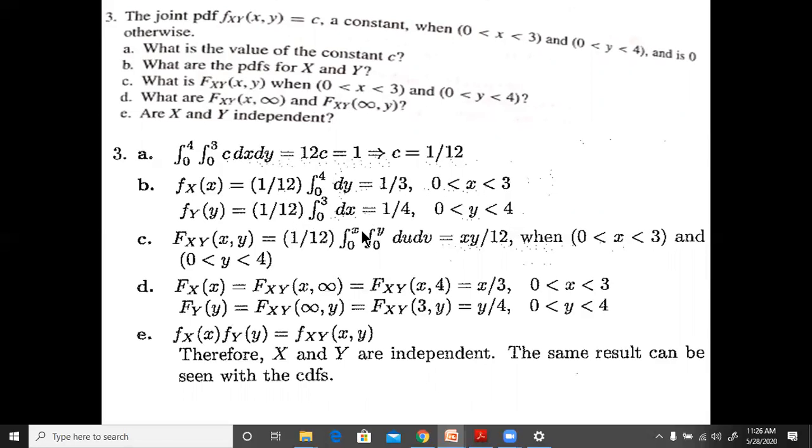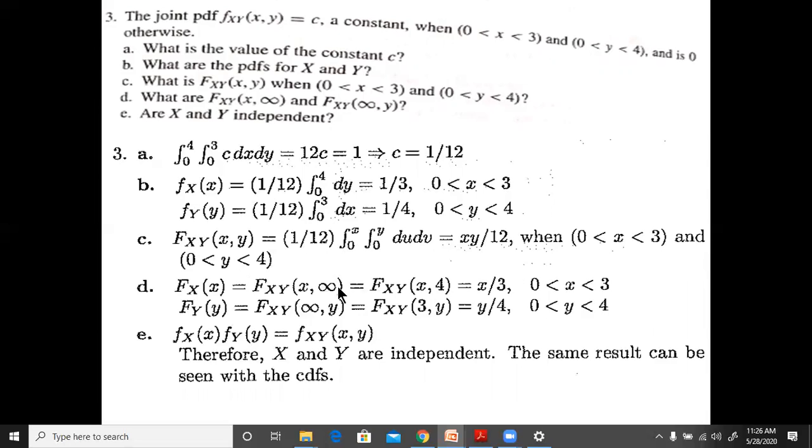So we can write the integral from 0 to x and 0 to y of du dv. With C as 1 by 12, you'll get xy by 12 in the range 0 to 3 and 0 to 4. If you include the 3 also, then the whole thing will be equal to 1, whereas we are not including the value of 3 over there. So we are taking the range 0 to 3 only. Therefore, it will be xy divided by 12.